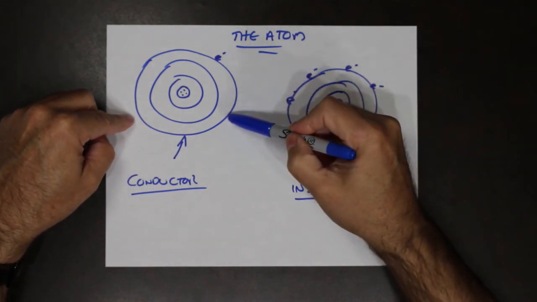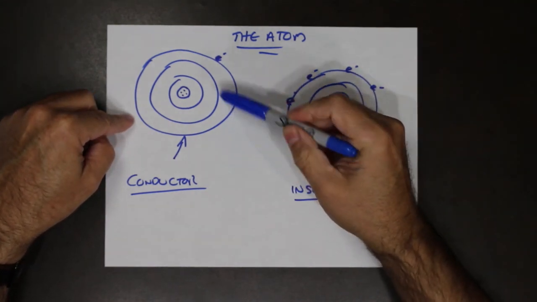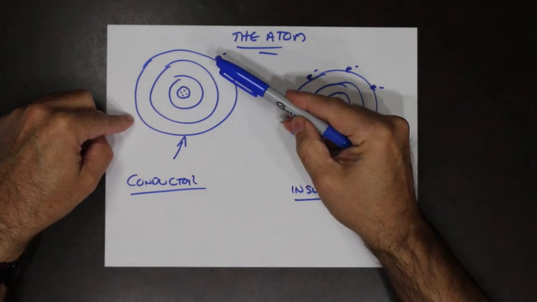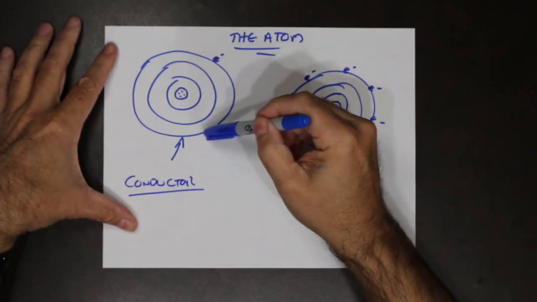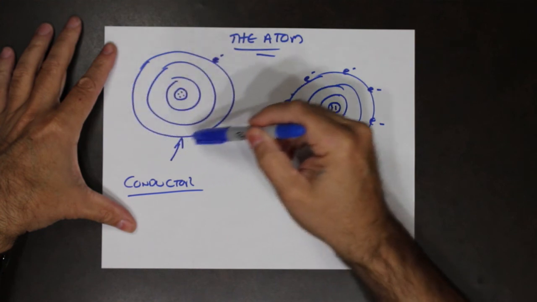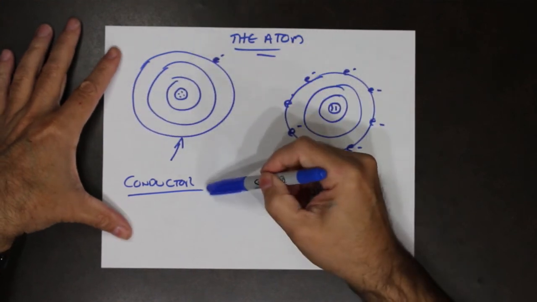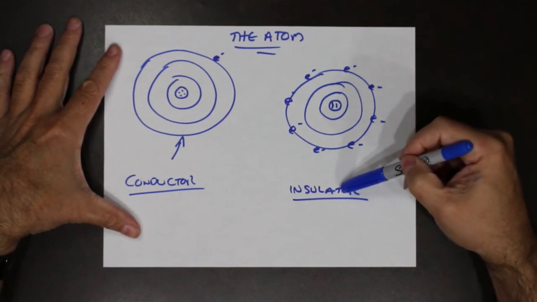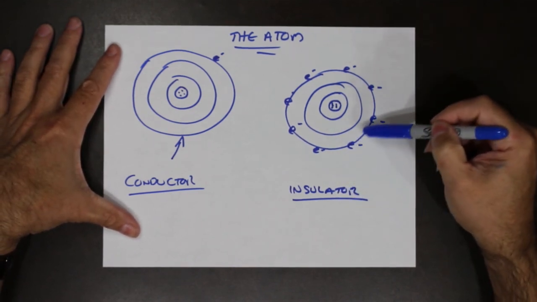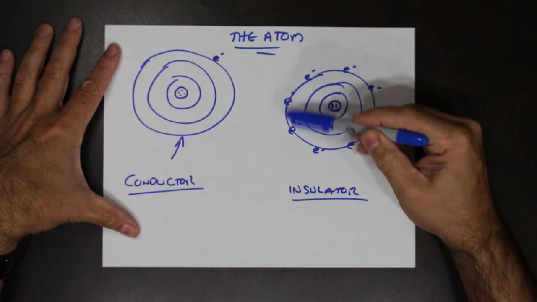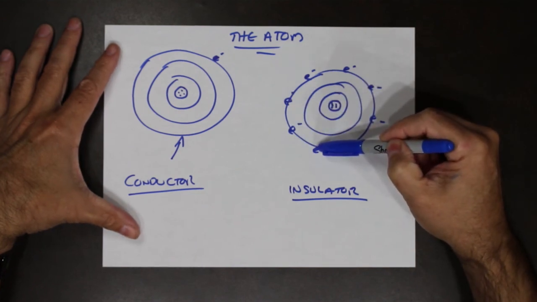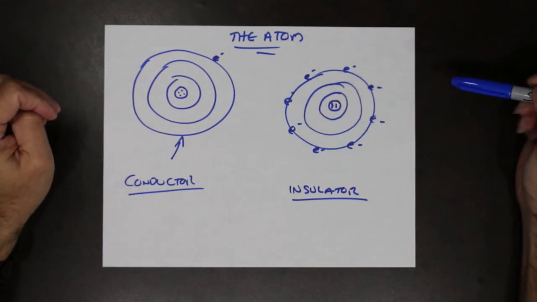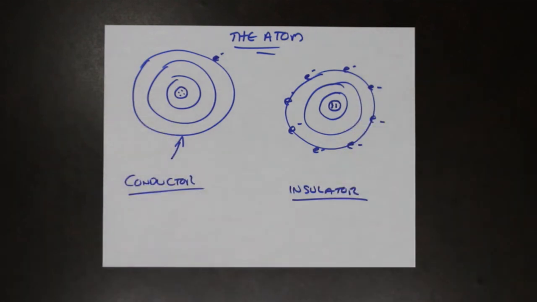The outermost shell is called the valence shell, so these are valence electrons. So you're going to find few valence electrons in a conductor. An insulator has typically 8 electrons in the outermost shell of the atom, making it an insulator material.